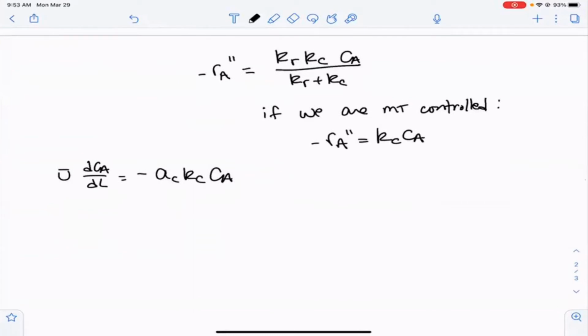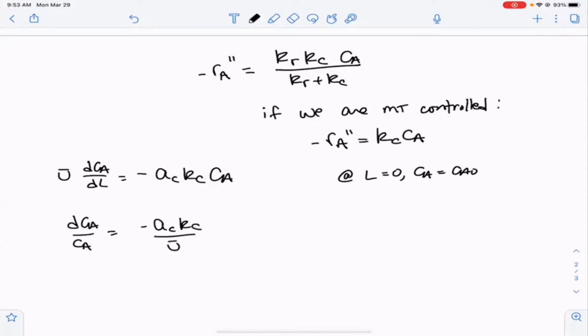So we know that at length equal to 0, at the beginning of the reactor, CA is equal to CA0. All right, so let's try to solve this. We're going to do that by bringing CA to the left side and everything else to the right-hand side of this equation. So we get dCA over CA equals minus aC kC over the linear velocity times dL.